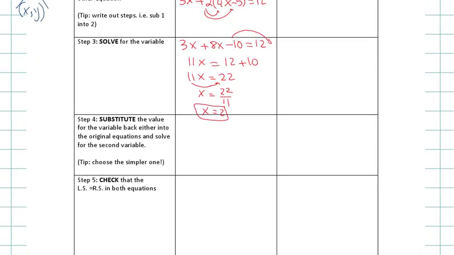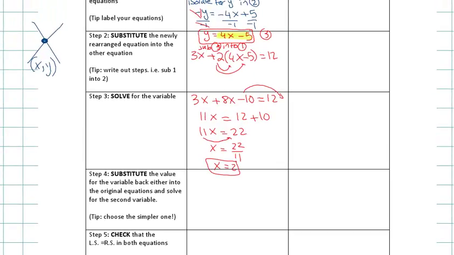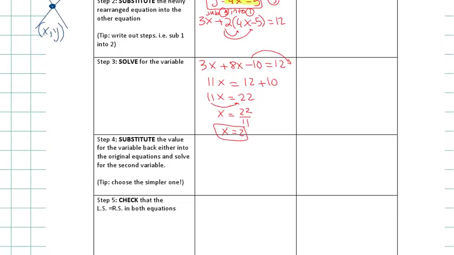Okay, so we found the value of x. But remember, in order to find the whole solution, I need to know the value of y, because I told you from the beginning, I need a point, which is x and y. Right? So if I know what x is, I can simply substitute it into that isolated formula and find the value of y. Remember, the isolated formula is y equals 4x minus 5.